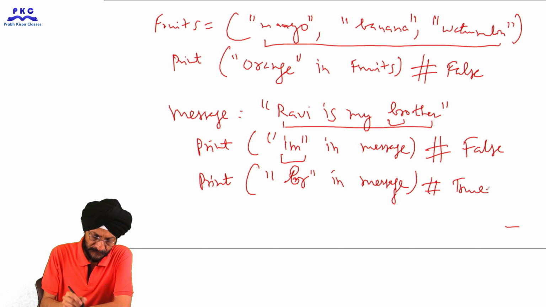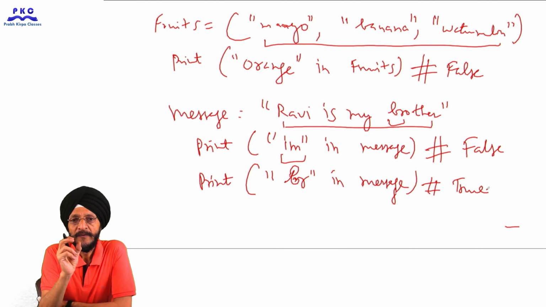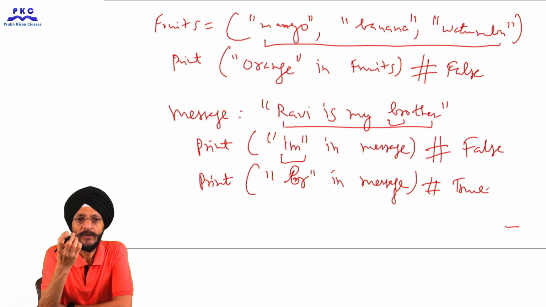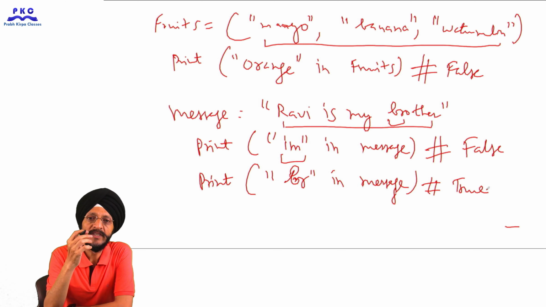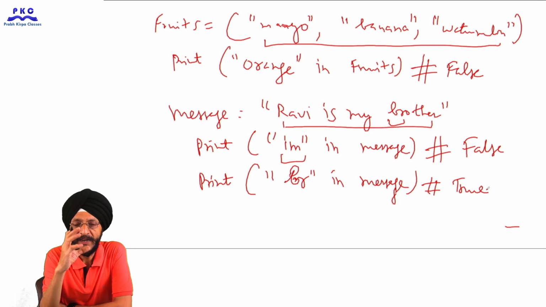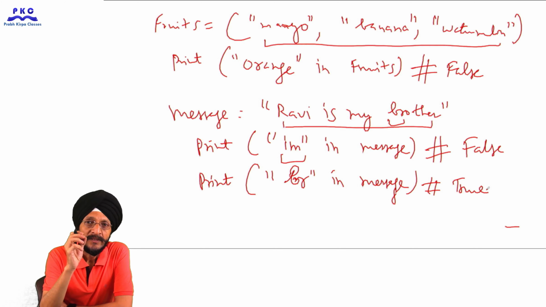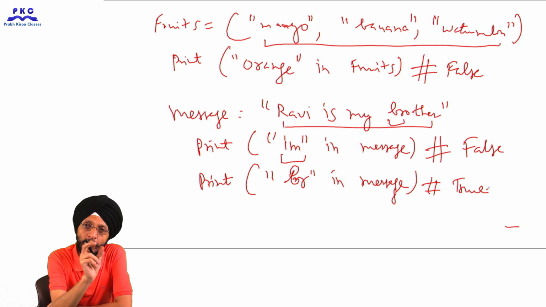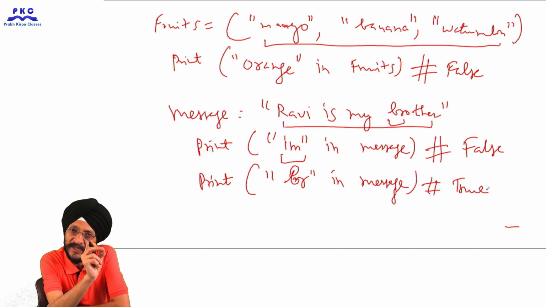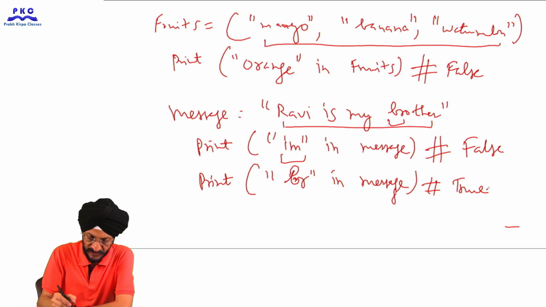Please note that when the Python interpreter looks for a value with the in operator in a sequence, the characters should be in serial order.